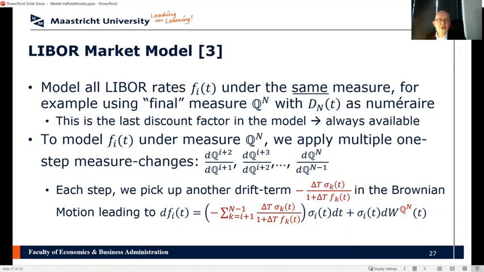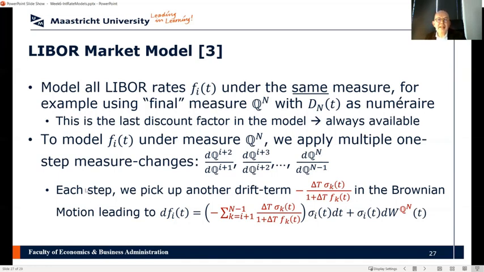So how can I now model the forward LIBOR rate F_i under the measure Q superscript N? Well, the trick is to say I know how to do a one-step change of measure. So if I want to go from Q^{i+1} to Q^N, I can do multiple one-step changes of measure. I can go from Q^{i+1} to Q^{i+2}, from Q^{i+2} to Q^{i+3}, to from Q^{N-1} to Q^N.